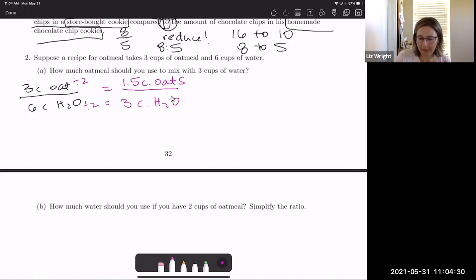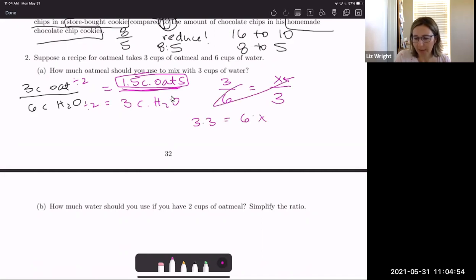So that's one way to do it. Another way to do it, I've had students ask me, well, can't I do cross multiplication? So I'm taking off the labels just for sake of time here for a moment. This was our ratio, right? This was our unknown up here, which is where this X is now. You can also do cross multiplication. So you can do 3 times 3 equals 6 times X. And again, we can only do that when we've got a fraction and a fraction separated by an equal sign.